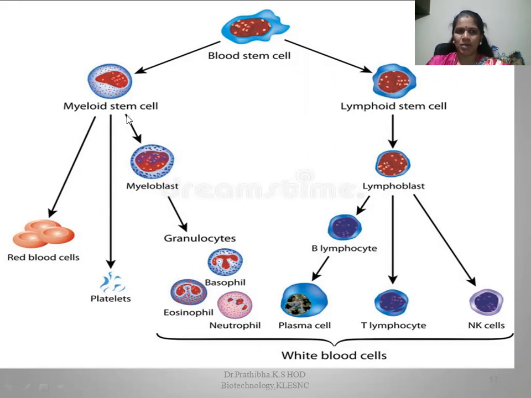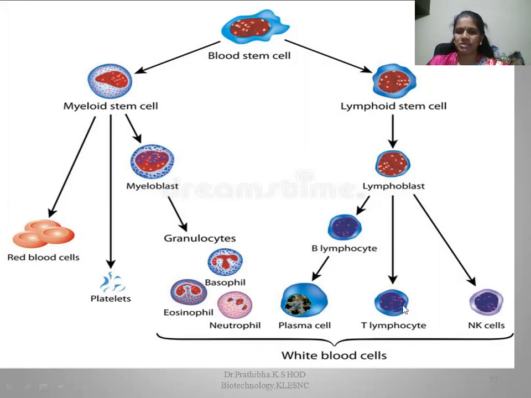stem cell. The myeloid stem cell is responsible for red blood cells, platelets and granulocytes, whereas the lymphoid stem cell, via lymphoblast, is responsible for the production of B lymphocytes, which will be in the form of plasma cells, and the lymphoblast also gives rise to T lymphocytes.